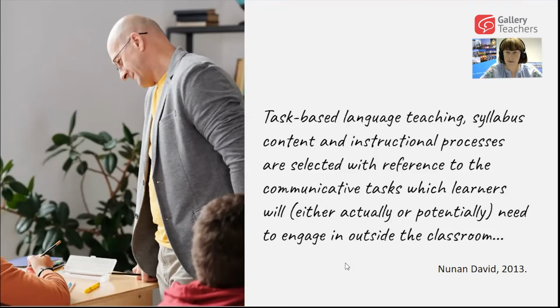So again, we have to be very realistic about tasks that they will actually or potentially need to engage in outside the classroom in 2021, 2022.